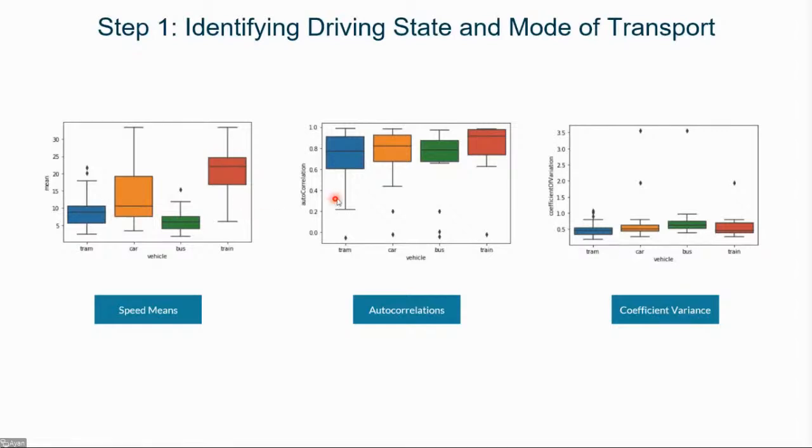Then the second feature, for example, is the autocorrelation, where we see that for the train, the autocorrelation is generally higher as compared to car and bus. So this is also one of the features that we use. And the third feature, the coefficient of variance. And here also we see how it can distinguish between different modes of transport. And there are some other features also which we use.